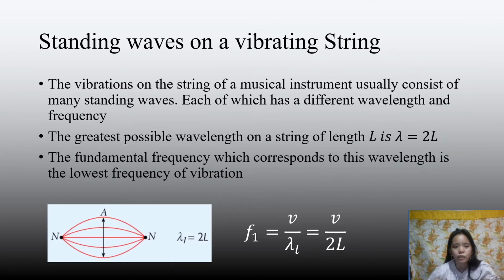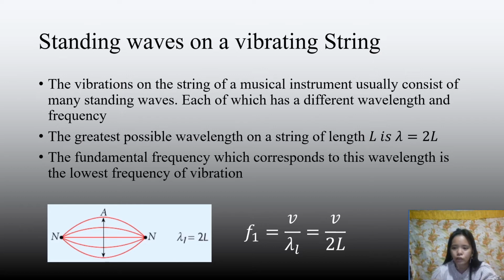So, standing waves on a vibrating string. Vibration on the string of a musical instrument usually consists of many standing waves, each of which has a different wavelength and frequency. The greatest possible wavelength on a string of length L is lambda, so 2 lambda equals L, and the fundamental frequency, which corresponds to this wavelength, is the lowest frequency of the vibration.